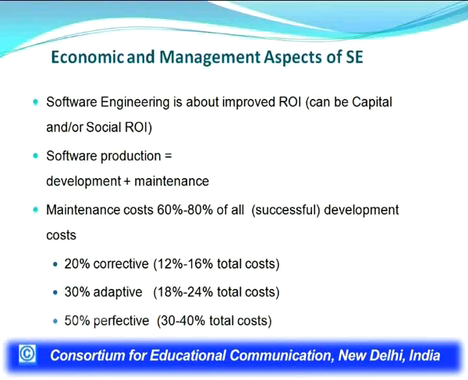Software production is equal to development plus maintenance, as maintenance cost is 60% to 80% of all successful development cost: 20% corrective, 12% to 16% of the total cost, and as mentioned 30% is adaptive, which is 18 to 24% of the total cost, and 50% perfective, 30 to 40% of the total cost.